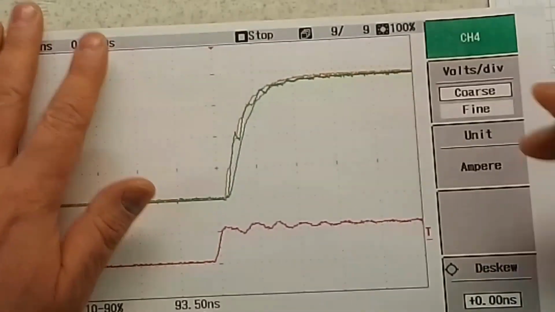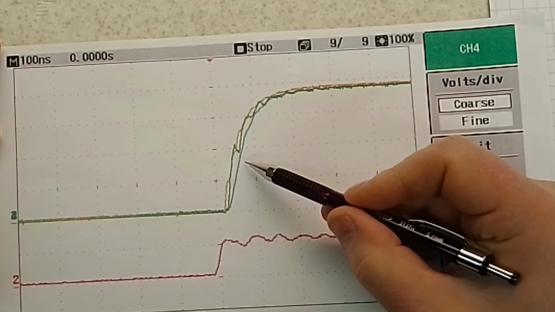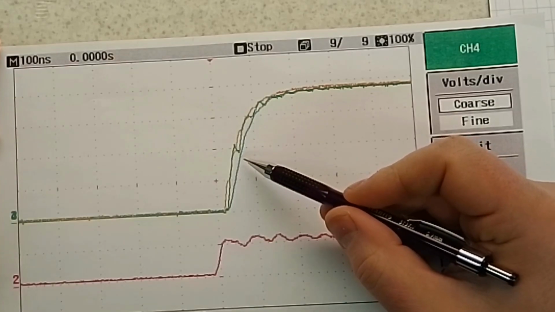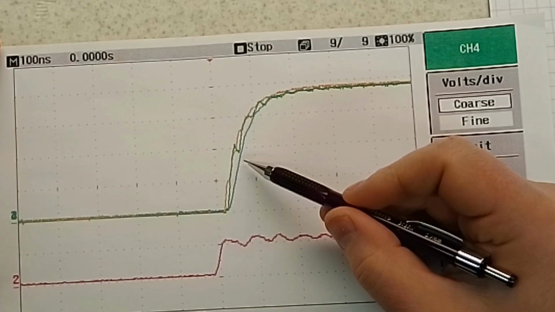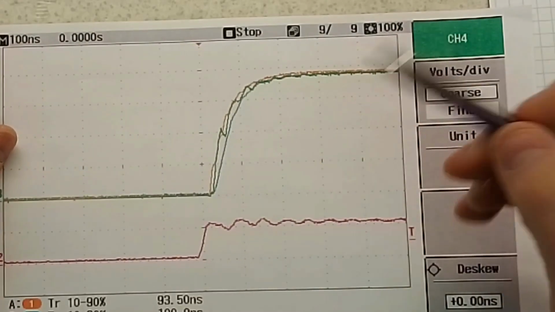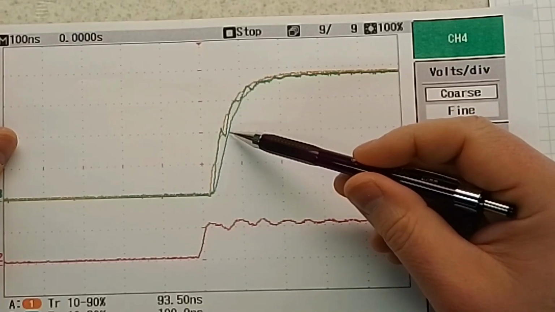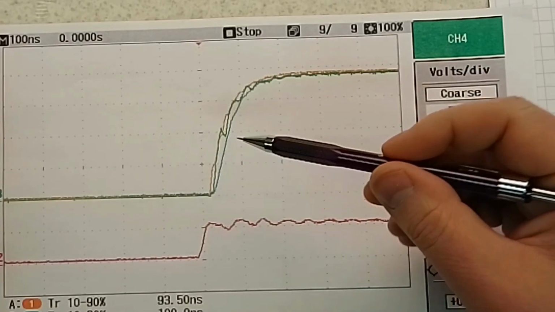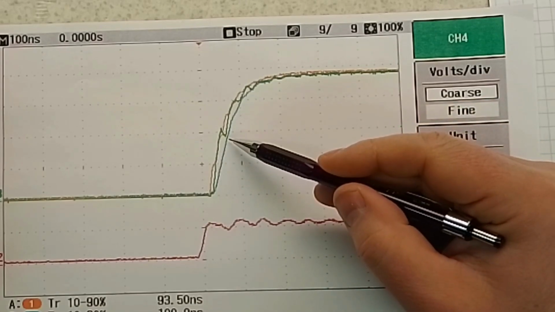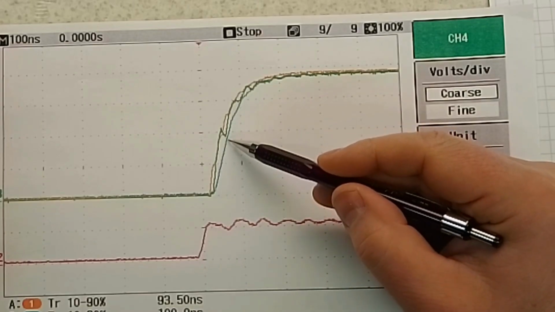But Rogowski coil is a commercial device and it has 50 megahertz bandwidth, which means that this rise time is not because of the measuring sensor, it's because of the current pulse generator.